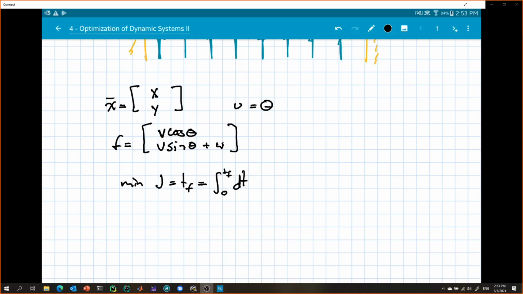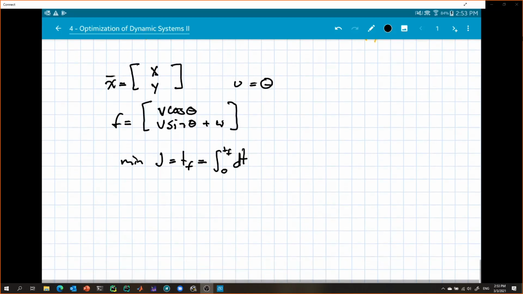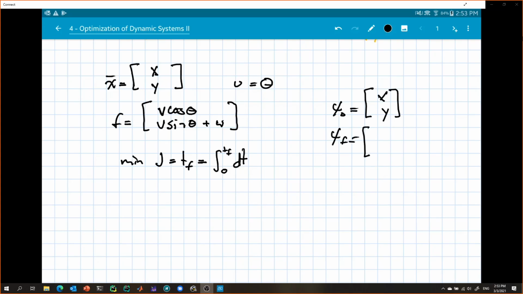The constraints: we start out with x and y being 0, and at final time we have x minus xf equal to 0.